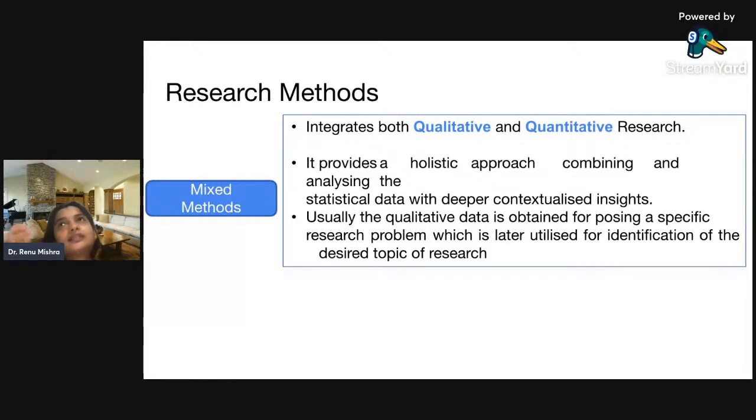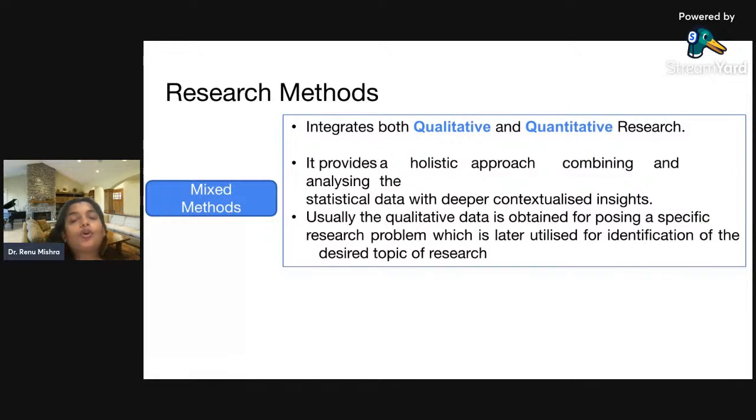Mixed method research is basically suggested so that, let's say, you have quantitative data, you have analyzed it, and now you have the reason for such results with the help of the qualitative data which you have collected.